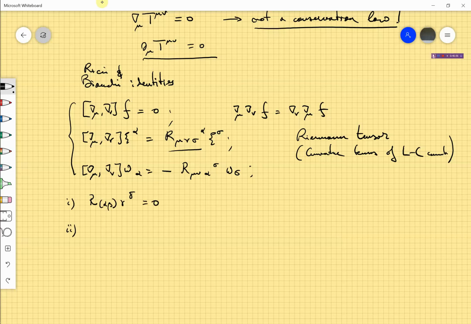The second identity is that the fully antisymmetric part of the first three indices is 0, and because it is antisymmetric in the first two indices, this is the same as R alpha beta gamma delta plus R beta gamma alpha delta plus R gamma alpha beta delta equal to 0. Okay, with a factor of 3. If I multiply this by 3, this is what I get, and it is equivalent to this.